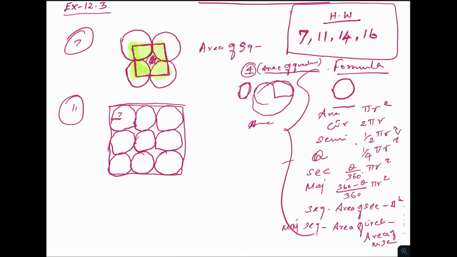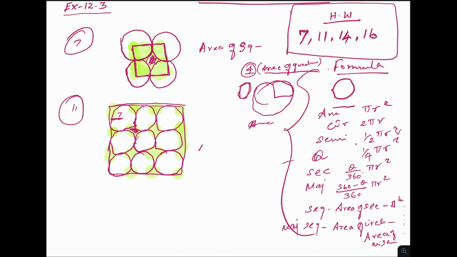Instead they have given what is the radius of a circle. We need to find only this area, that is area between the circle and the square. There is some empty space. So we need to find the area which is left without a design. So that is what we need to find.